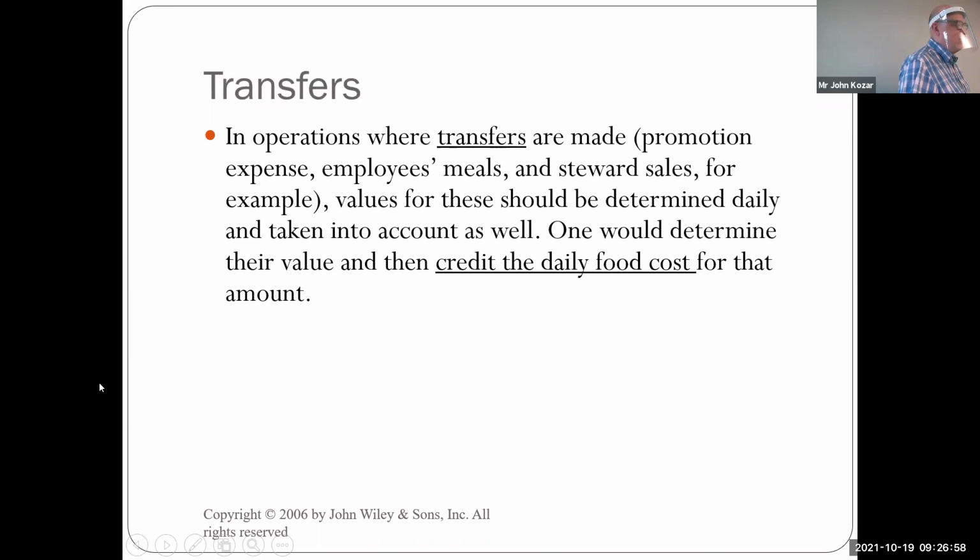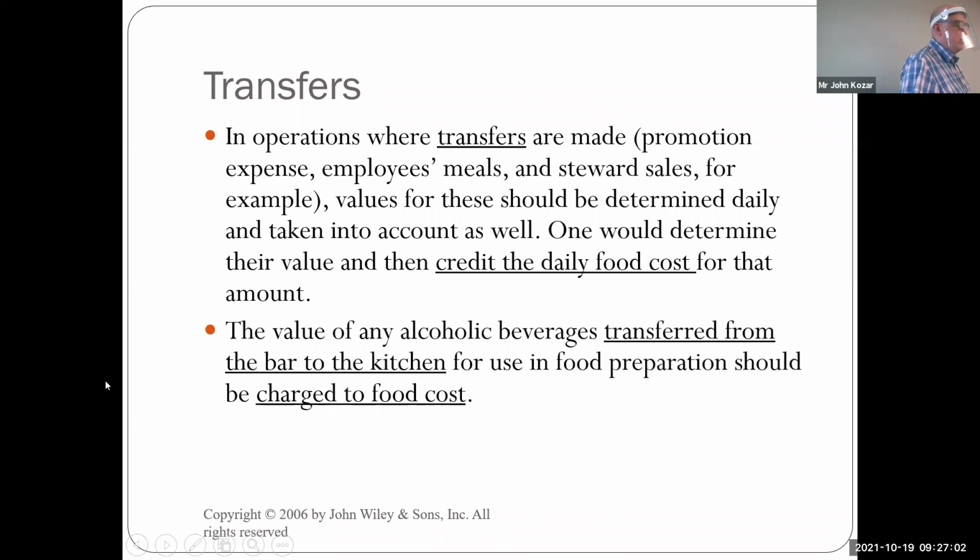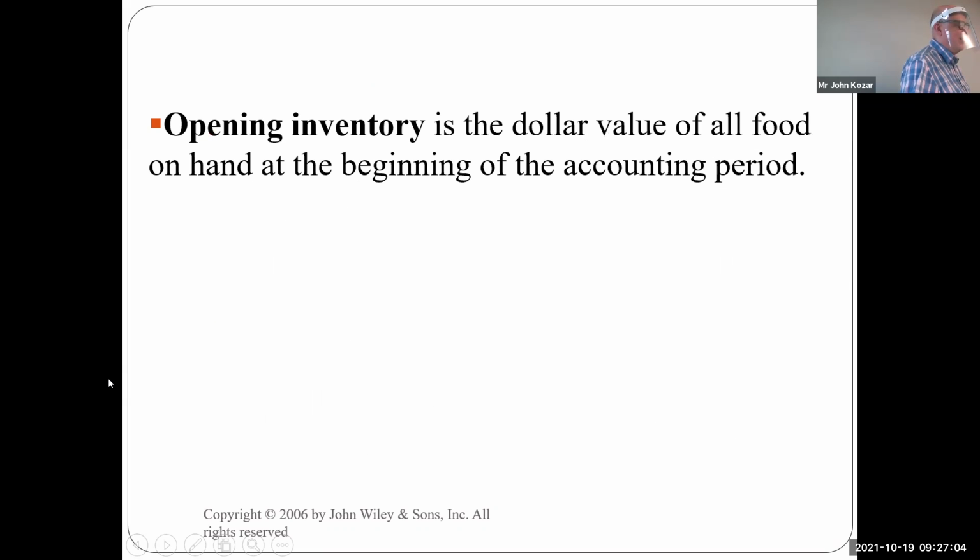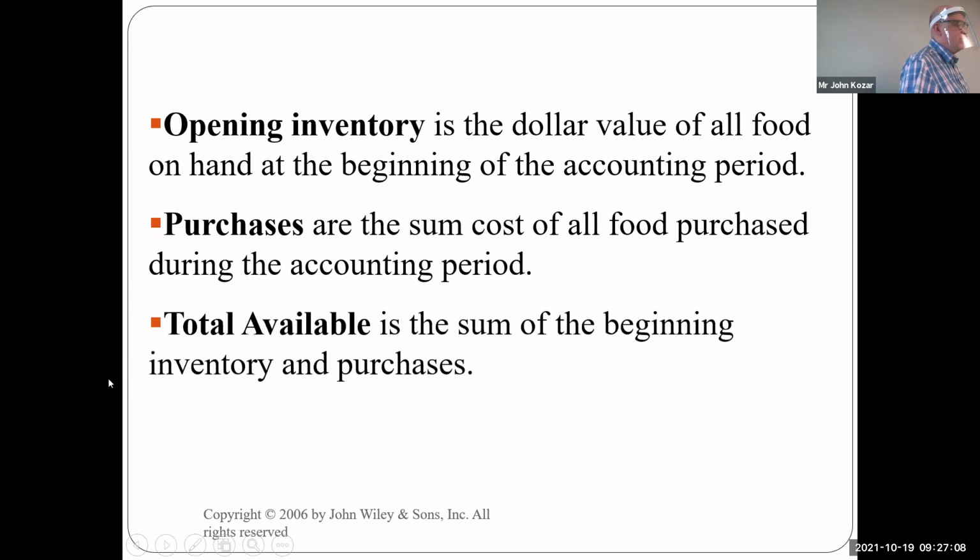Transfers, these chapters to me are out of order. We've already talked about transfers. Opening inventory, purchasing, total available is the sum of the beginning inventory plus all of your purchases.